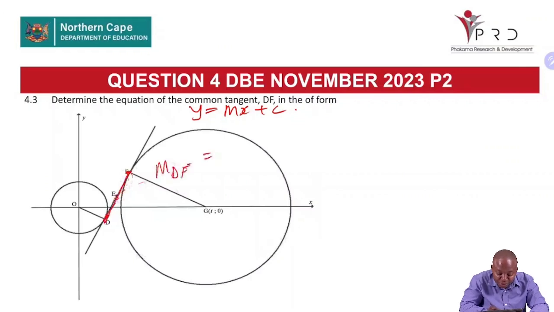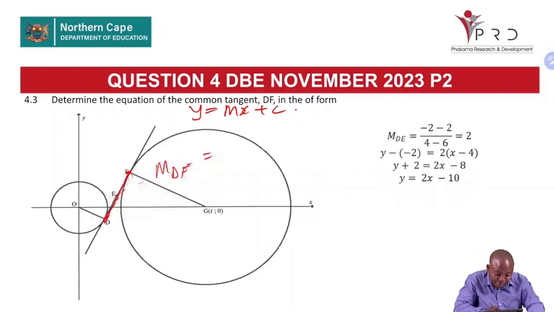It doesn't matter whether you find MDE or MDF, because D, E and F are collinear points. If you use D and E, you will find 2. Even if you use D and F, you will find 2, because we have all of those coordinates now.